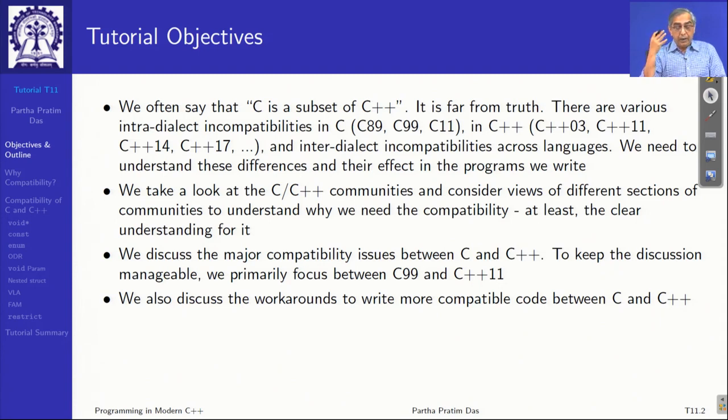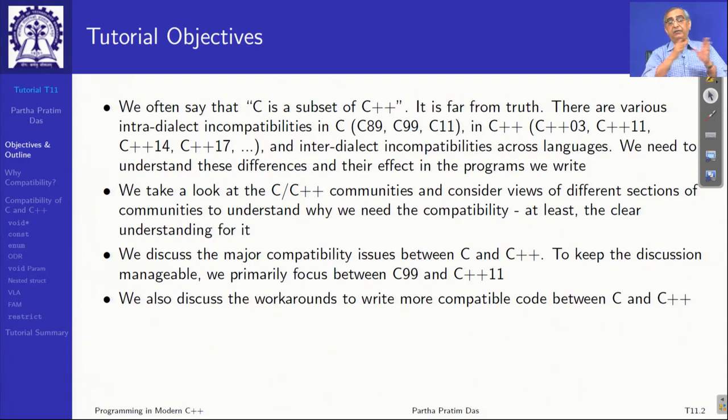So, we take a look at the C and C++ communities, because the communities are not necessarily independent, there is a common community, and there is a need to understand how much they are compatible, which part is compatible and which part is not, so that you do not get into a lot of surprises.